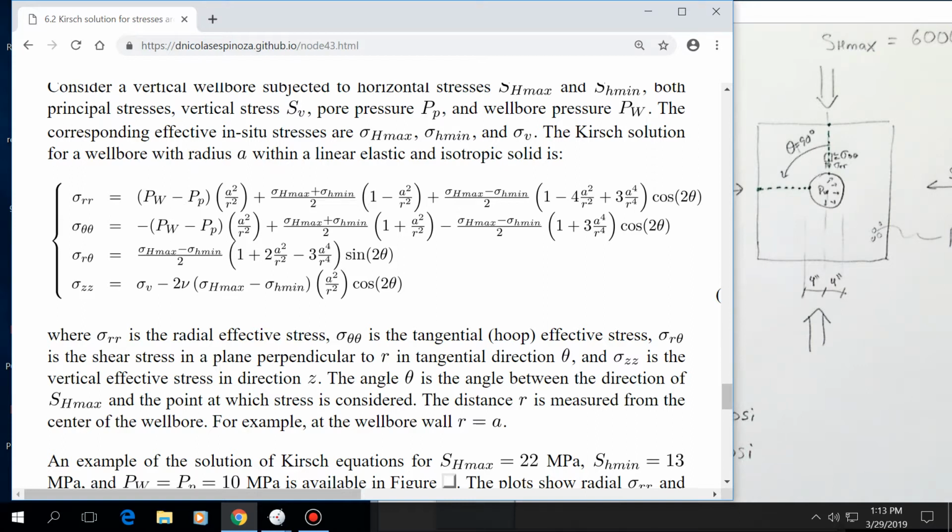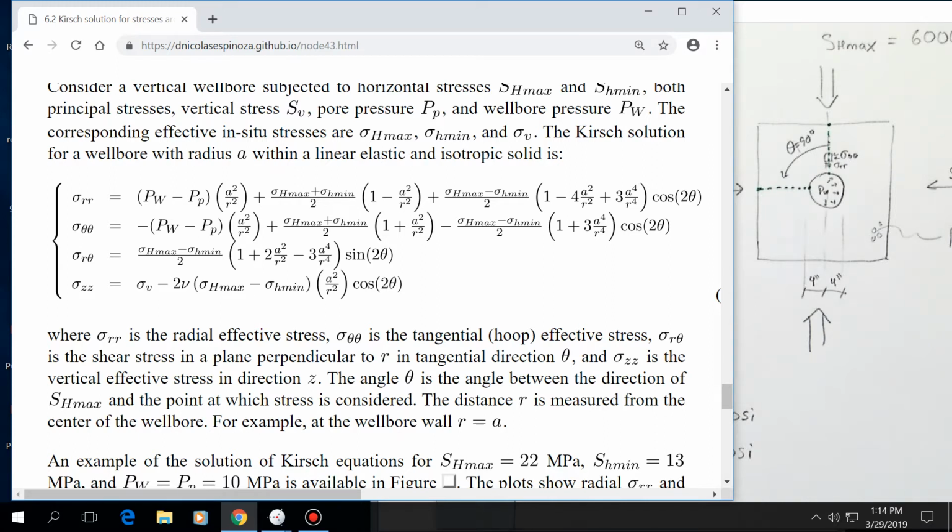Well, cosine of 0 is just... we do have a sigma. Oh, yeah.